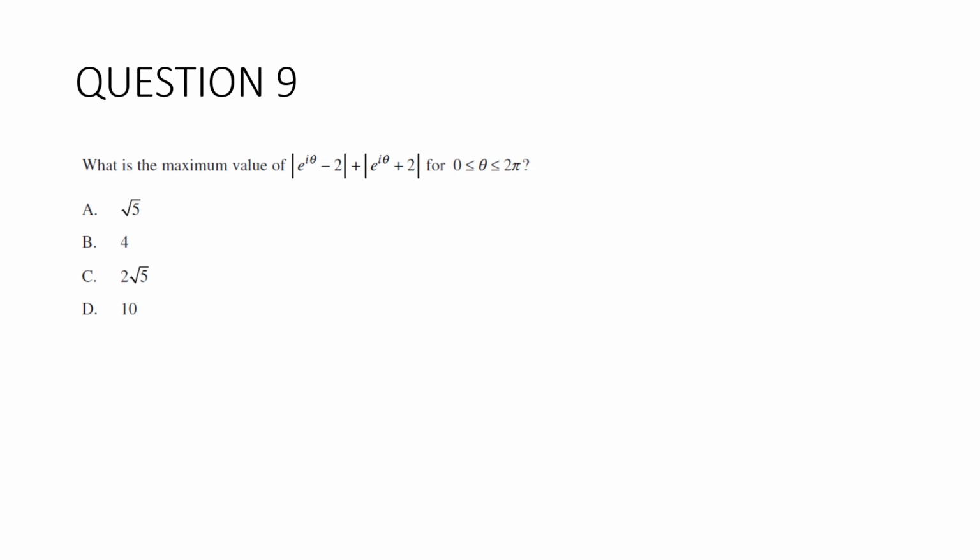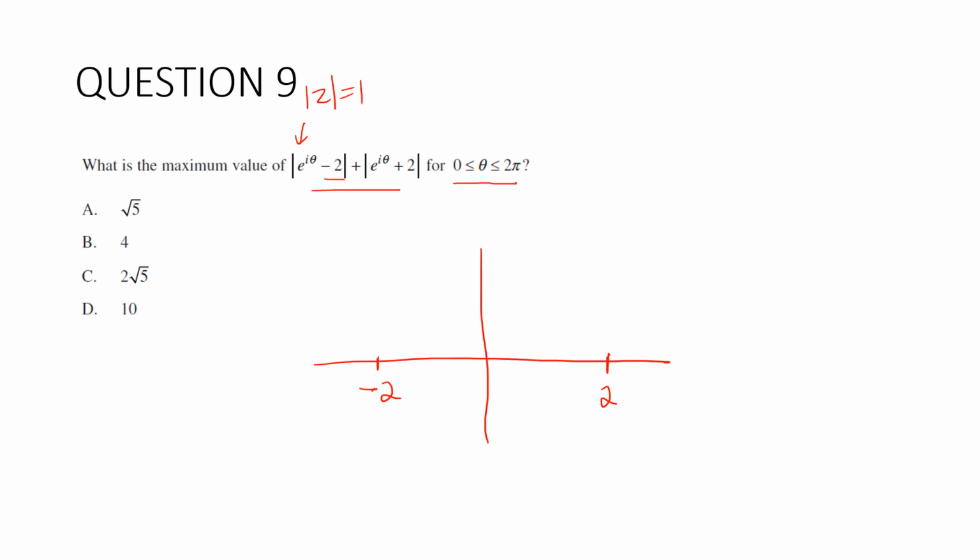Question 9. What is the maximum value of this? And theta is in between and including 0 and 2 pi. All right, we know our complex number has got magnitude of 1. And so if we just draw an Argand diagram, we know that this is negative 2 here, and this is positive 2. Then z is going to lie on a unit circle somewhere or other.